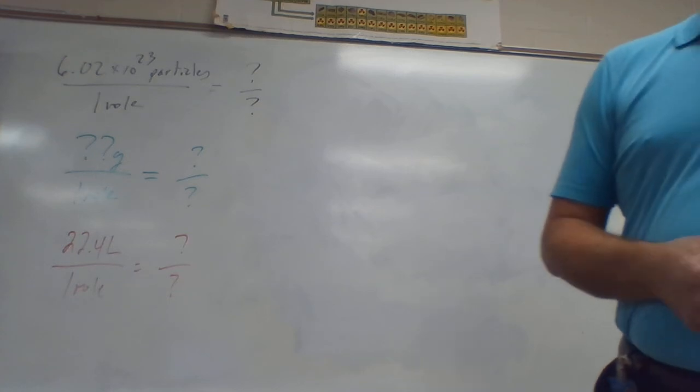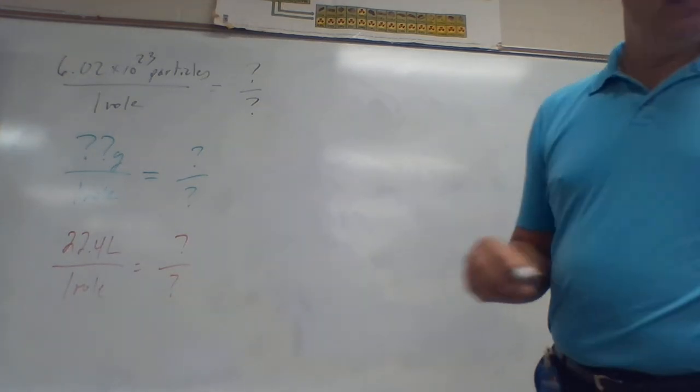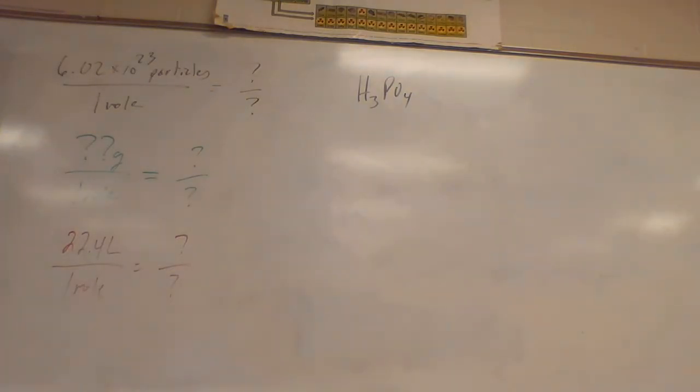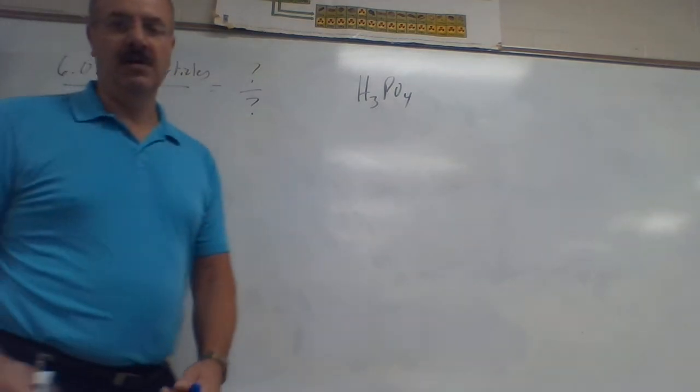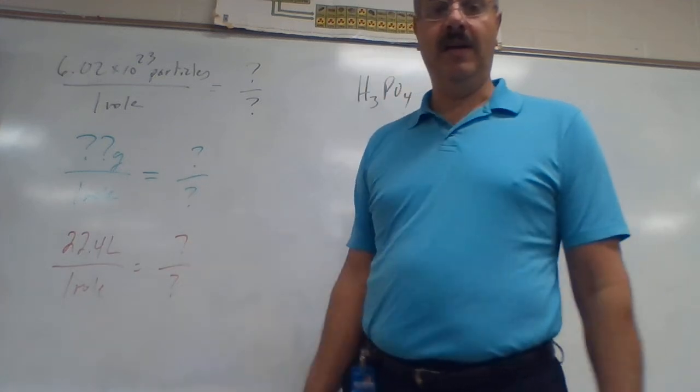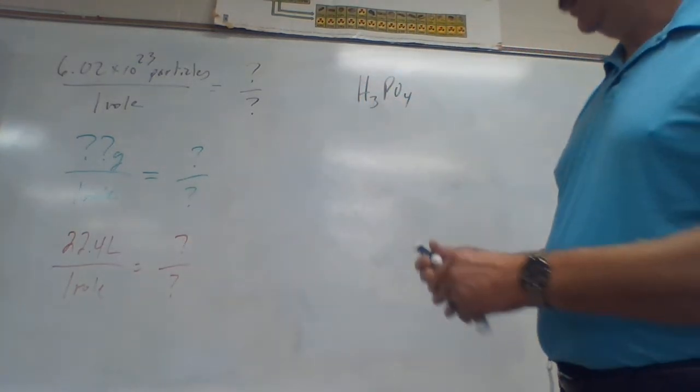So number 50, we have to calculate the molar mass of these. We have H3PO4. All we're doing is just this piece. They didn't give us an X, so we need to find the molar mass of this.